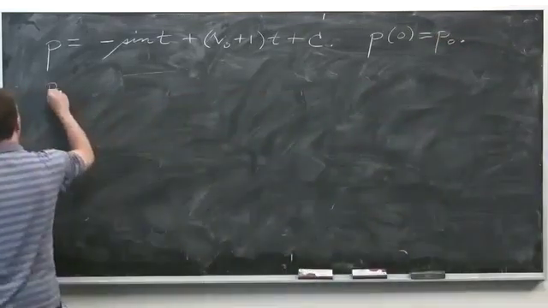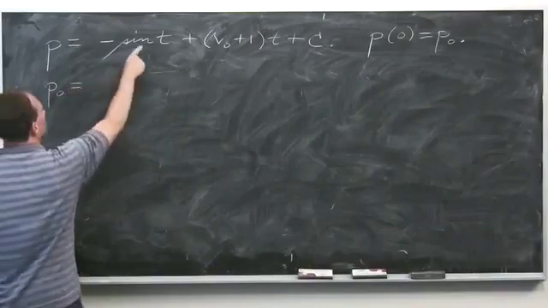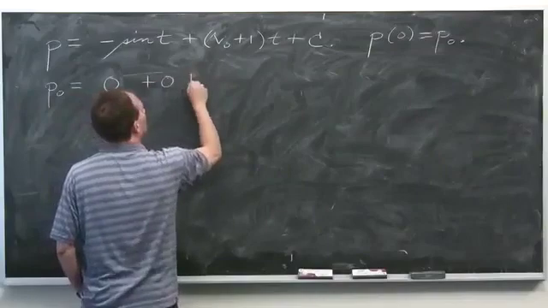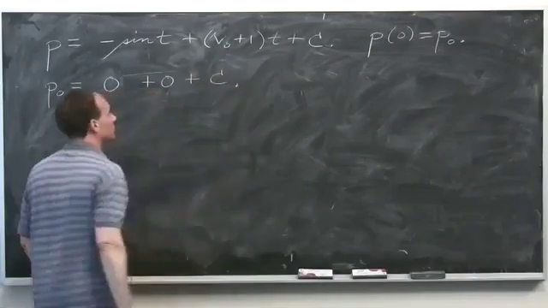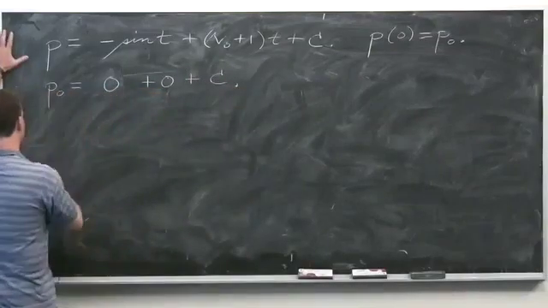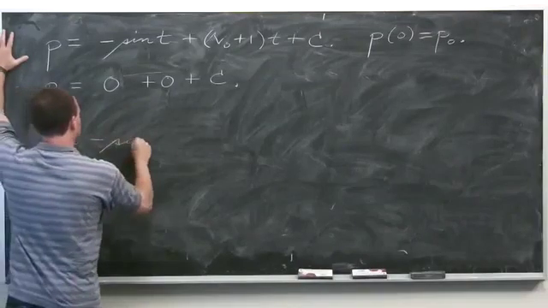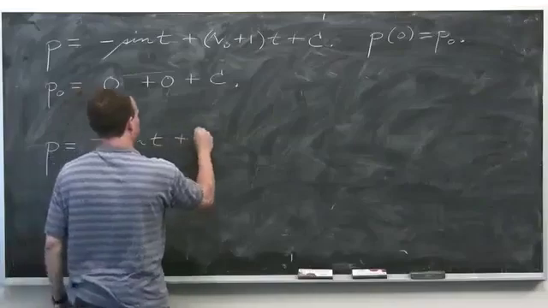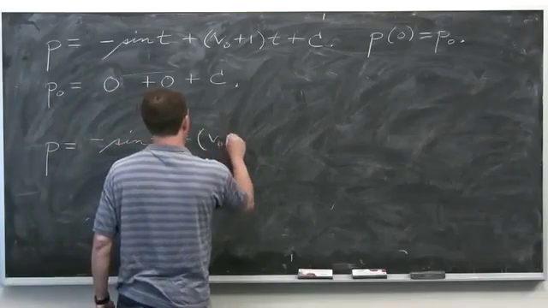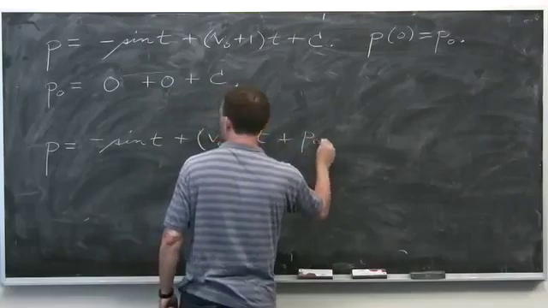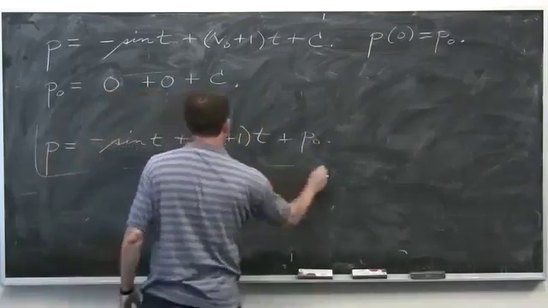And you get p0 equals, at time 0, this is 0, this is 0, and you get plus c. So this c is the initial piece of data. It is the p naught, the initial value of the function. So we get p equals minus the sine of t plus (v naught plus 1) times t plus p naught. And this is our solution for the position.